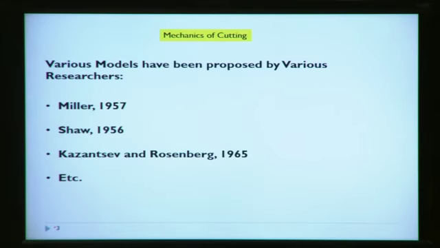Okay, there are different kinds of models available in the literature. Various models have been proposed by various researchers, and a few very popular ones are the model by Miller, proposed in 1957, M.C. Shaw, who proposed in 1956, and Kazantsev and Rosenberg, who proposed the mechanical mechanism of cutting by the ultrasonic machining process in 1965.